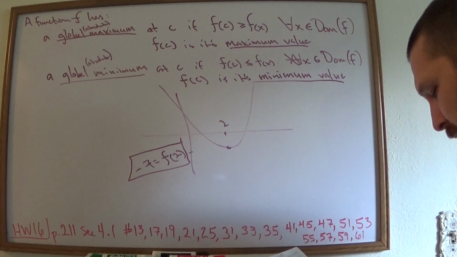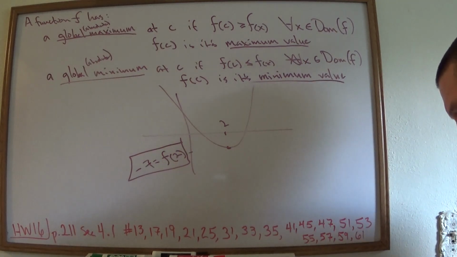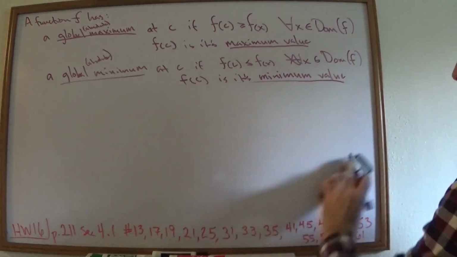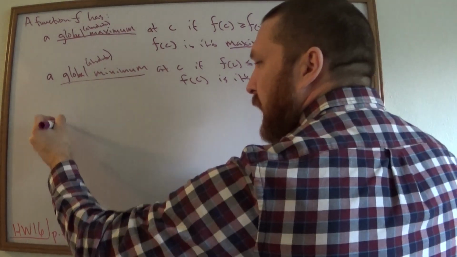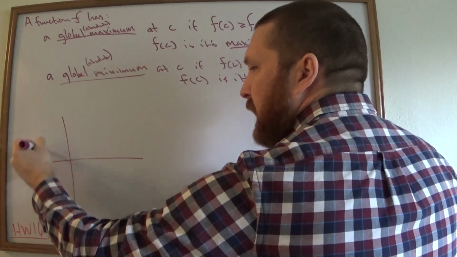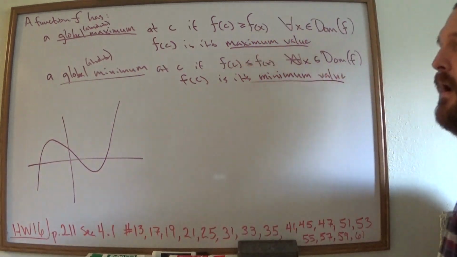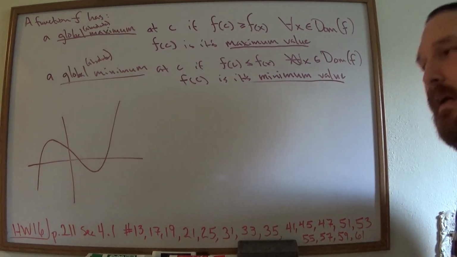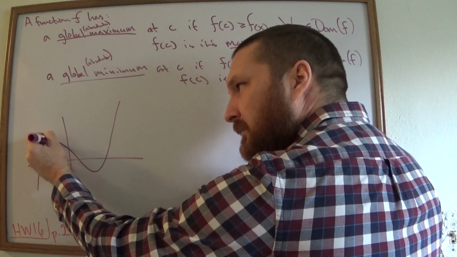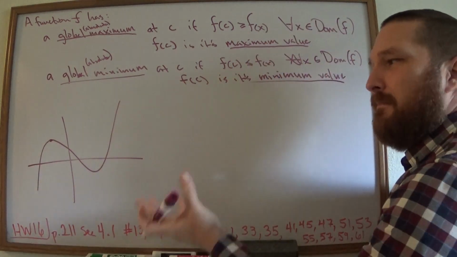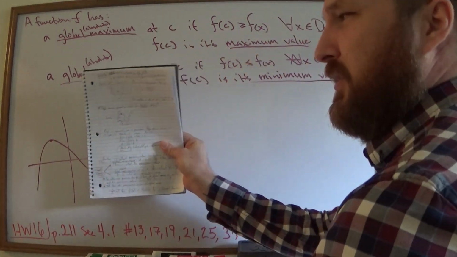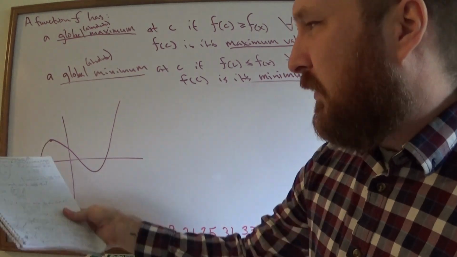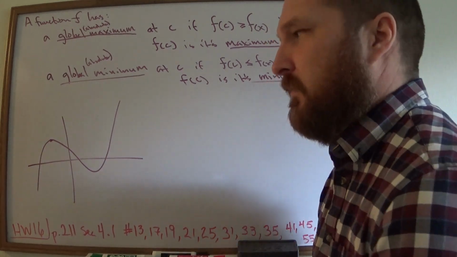So, everybody got these? Okay, so that's global, but obviously, I just drew a cubic, right? It has no global maximum, right? But it still has this thing right here. There is a max, and when you're nearby it, if you forgot about all the rest of everything, you'd say, well, that's still some sort of maximum right there.